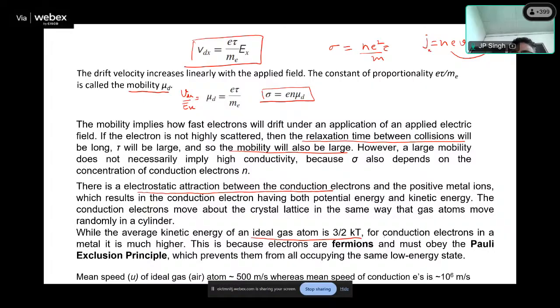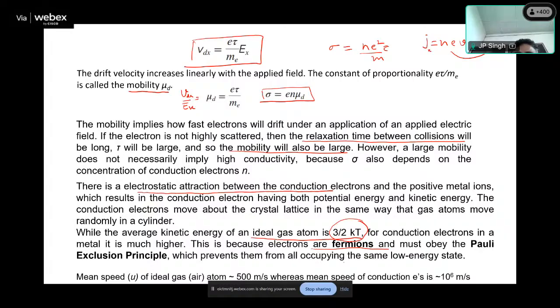If I talk about the conduction electrons in a metal, that is not the same thing. I cannot say that the conduction electrons also have this kind of energy, 3/2 kT. Why? Because electrons are fermions, and they obey the Pauli exclusion principle.